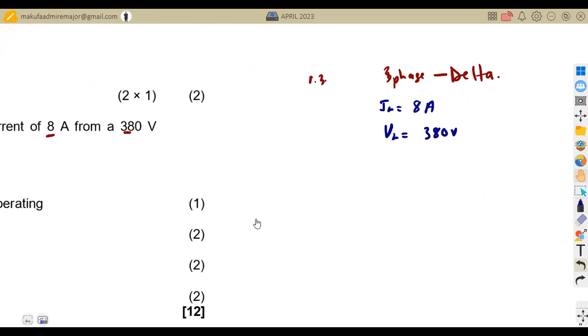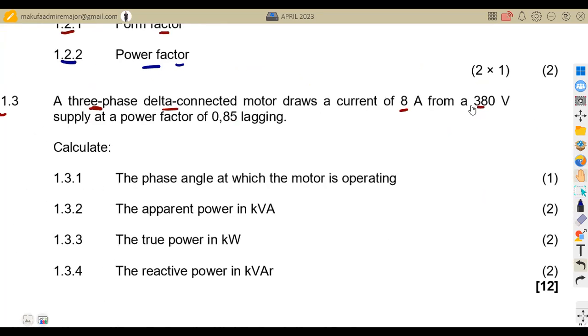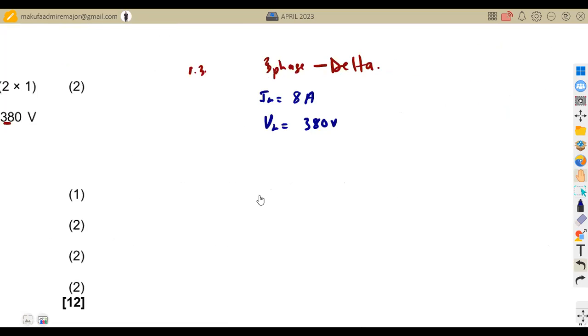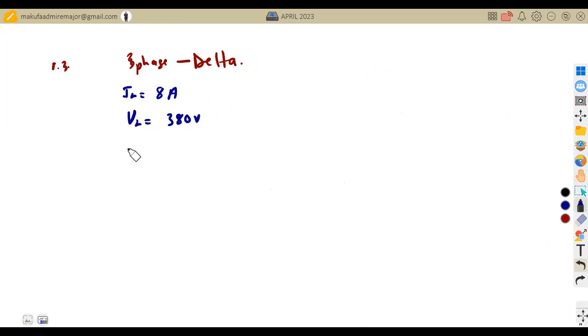That's our line current, with a power factor of 0.85 lagging. Remember we said the power factor simply represents the cosine of theta.